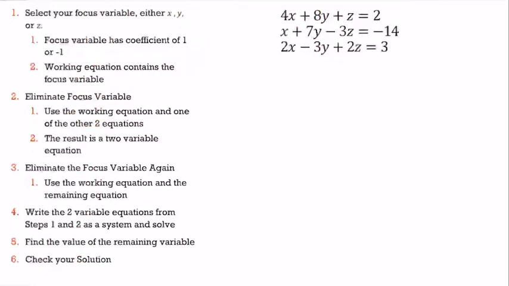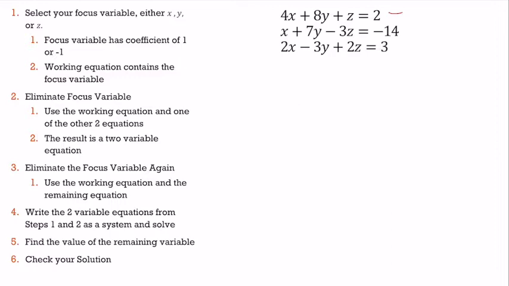I have 4x plus 8y plus z equals 2, x plus 7y minus 3z equals -14, and 2x minus 3y plus 2z equals 3. I'm going to go ahead and pick our first equation to be our working equation, and our focus variable to be z.